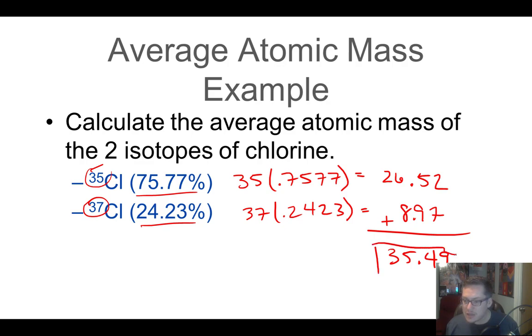So based on this data, the average atomic mass of chlorine is 35.49. This is a little bit higher than what the periodic table says, but that's probably because we're only dealing with two isotopes as opposed to multiple isotopes of chlorine.